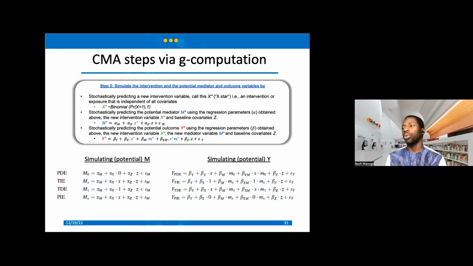And then you stochastically predict the potential outcome Y star using the regression parameters obtained above, as well as the new intervention variable X and the new mediator variable M star and the baseline covariates Z, right?